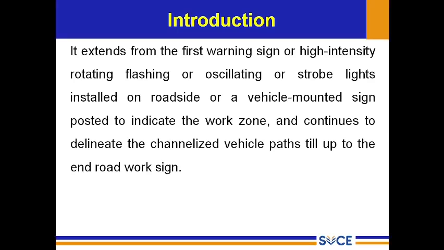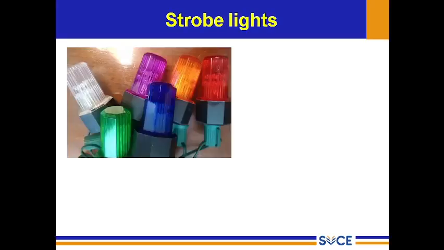Starting from the first warning zone, it may be an oscillating light, a strobe light, or some flashing, rotating lights which alert the driver that the work zone is going to start, and it continues up to the last end of the work zone sign, up to which the vehicle has to cross. The length of a work zone may vary from half a kilometer to even 5 kilometers sometimes, for road widening works and so on. These are the strobe lights, flashing lights.